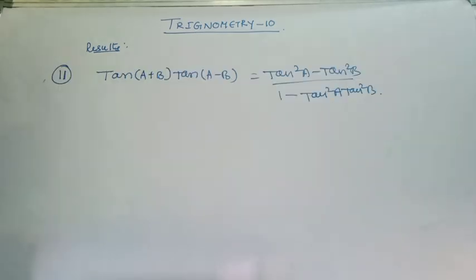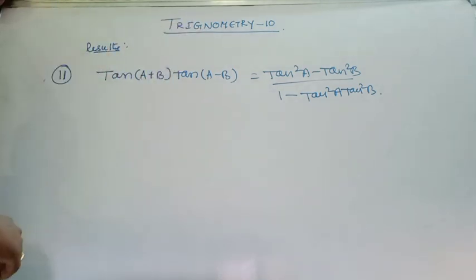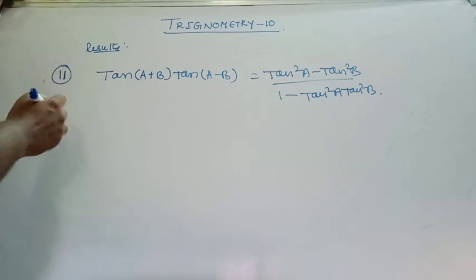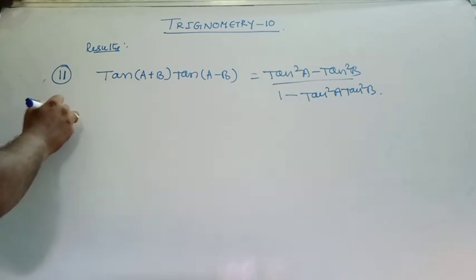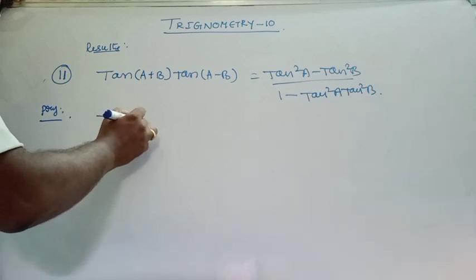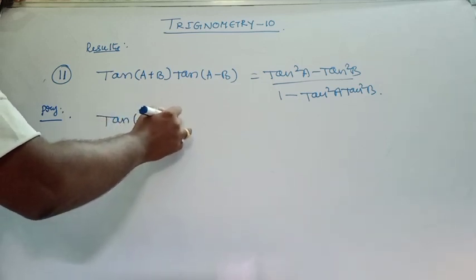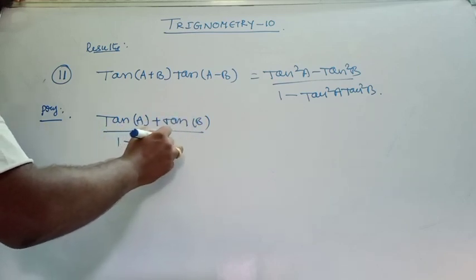Now we have the 11th result, tan of A plus B into tan of A minus B, under its conditions, like what are the conditions to be satisfied for tan. How are we going to prove that? You see, my dear students, this is tan A plus B. You know that you write it as tan A plus tan B by 1 minus tan A tan B, right?